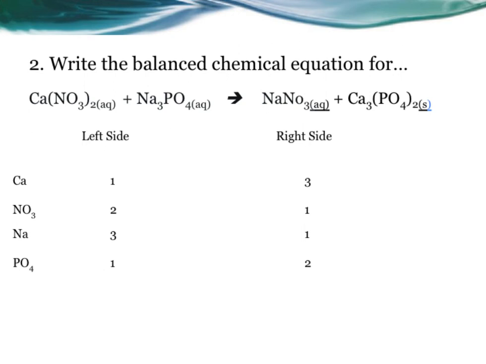The left side contains 1 calcium, 2 nitrates, 3 sodiums, and 1 phosphate. The right side, or the side of the products, contains 3 calciums, 1 nitrate, 1 sodium, and 2 phosphates. The two sides are not balanced.